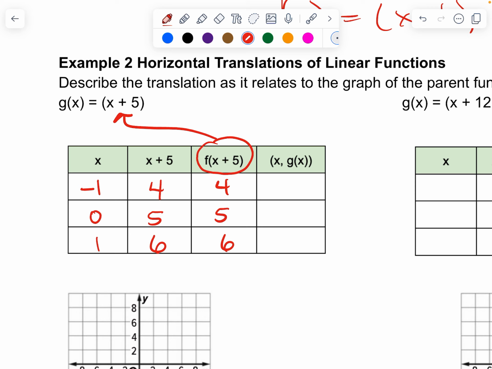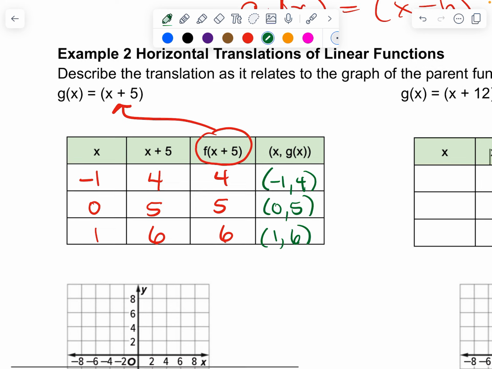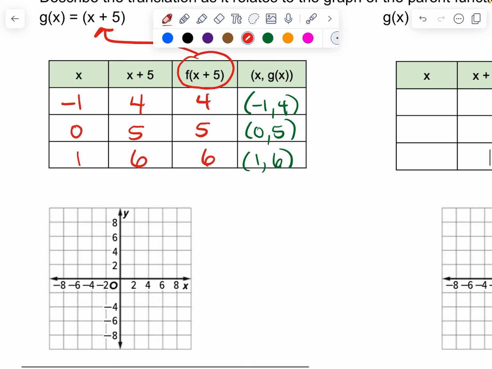Oh, I want to change colors for this. So -1, 4. 0, 5. 1, 6. My original line is this one. Like we've done, this is the parent graph.